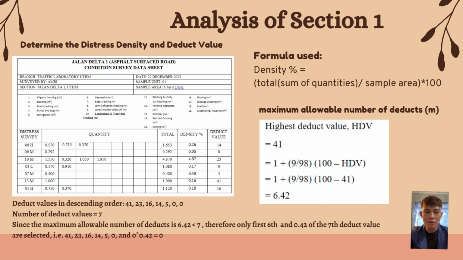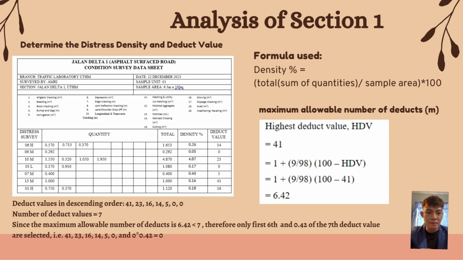The highest deduct value is 41. We apply the formula 1 plus 9 divided by 98 times the 100 minus HDV. So we can get the value, which is 6.42. The deduct values in descending order are 41, 23, 16, 14, 5, 0, and the last value is 0.